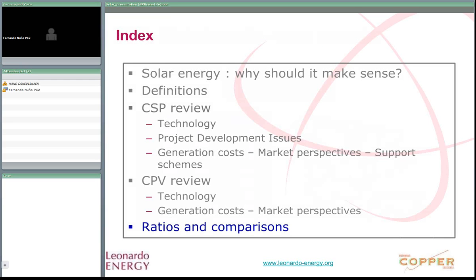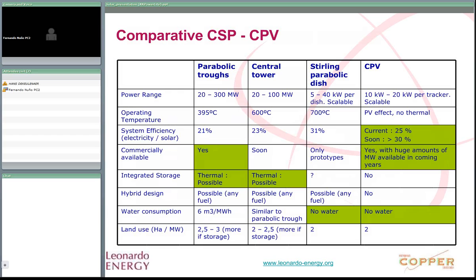Now we will finish with some ratios and comparisons. The power range for parabolic troughs is between 20 and 300 megawatts, for central tower between 20 and 100, for Stirling parabolic dish between 5 and 40 kilowatts. So small power, but this is scalable, so big power plants can be built on a scale basis.